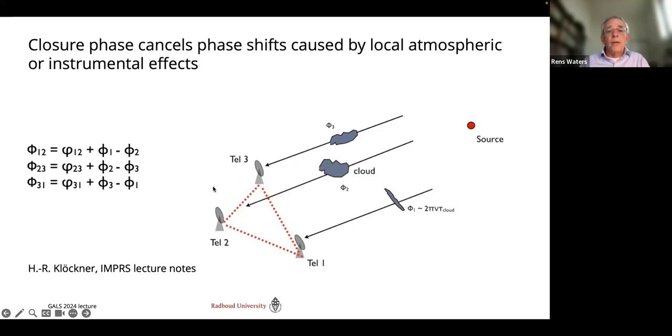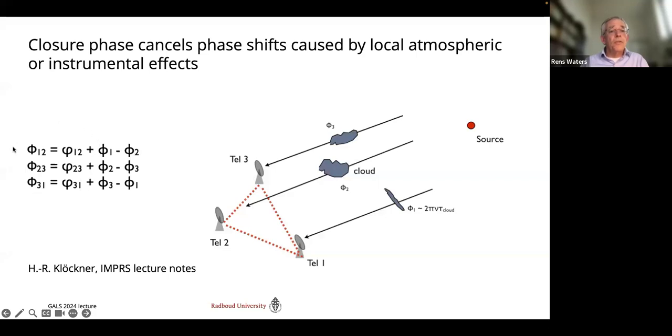And so you can write the total phase between 2 telescopes, in this case 1-2, 2-3, and 3-1, as the interferometric phase of the real signal that you're interested in, plus the phase difference that is added between telescopes 1 and 2 due to everything you don't want to know, and that disturbs the phase. So phi 1 minus phi 2. And you can do that also for telescopes 2 and 3 and 3 and 1.